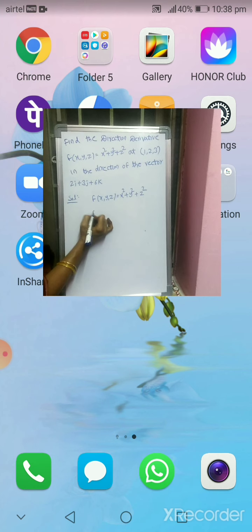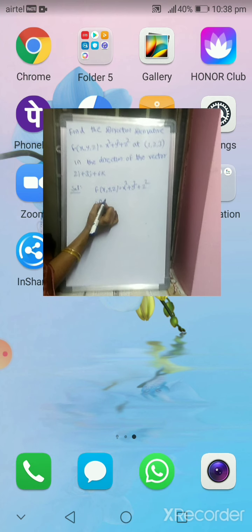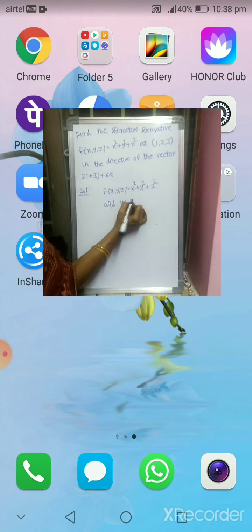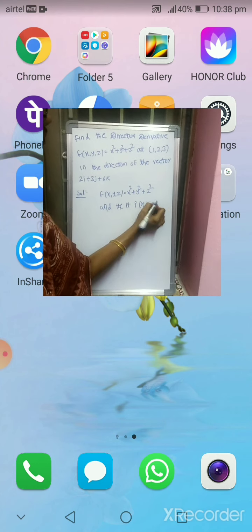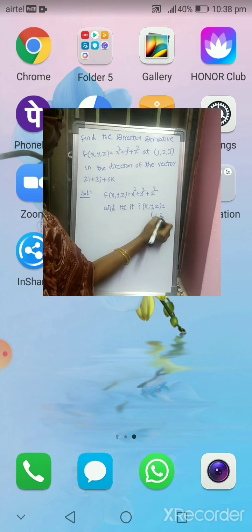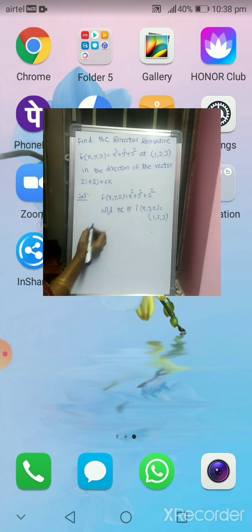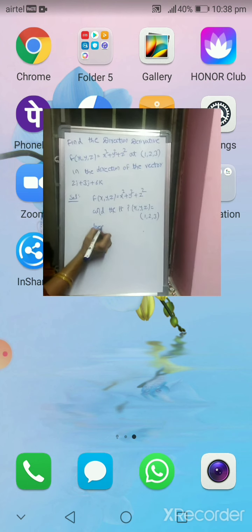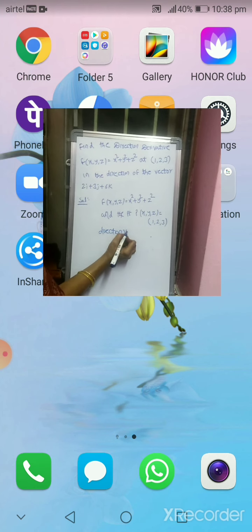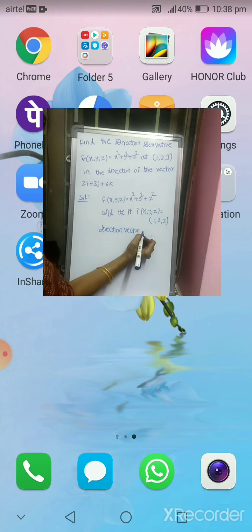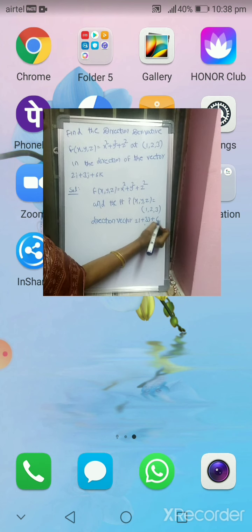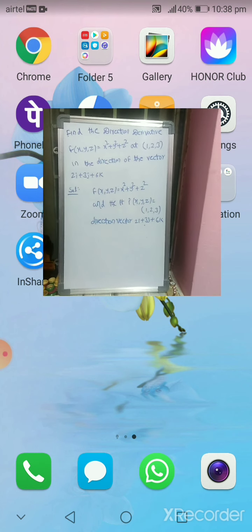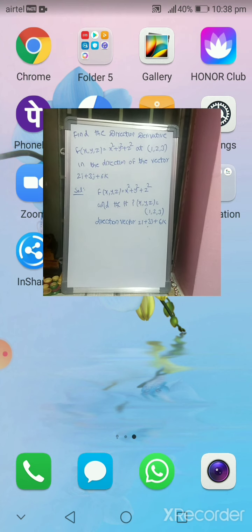Next, the point P, x, y, z is equal to 1, 2, 3, and the direction vector we are given is 2i plus 3j plus 6k. This is the hypothesis from the problem.